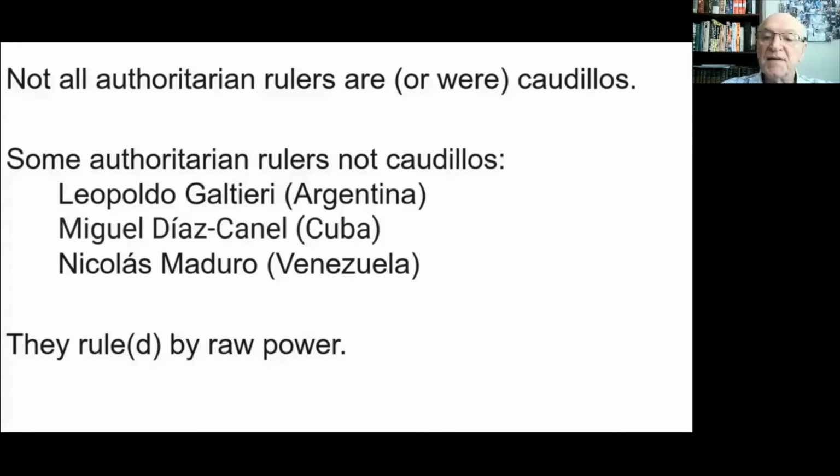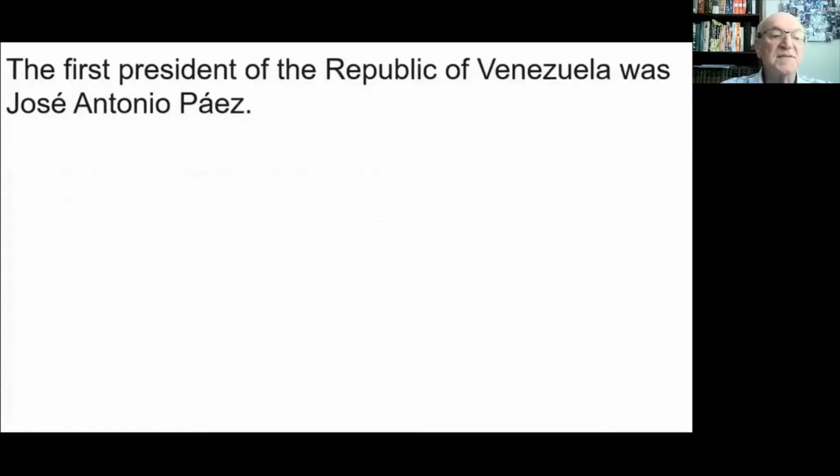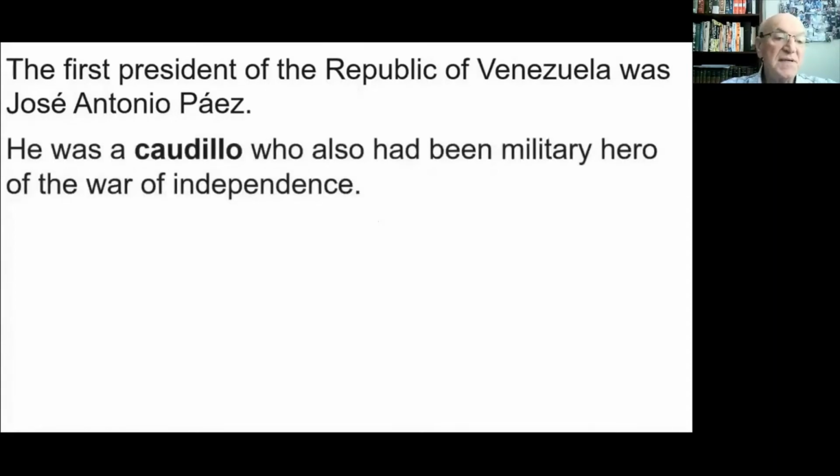Now, the first president of the Republic of Venezuela was José Antonio Páez. He was a caudillo who had also been a military hero in the War of Independence. He was of humble origin, with limited education. He became a cattle trader. But early in the war, he joined the private army, a cavalry squadron, to fight the royalists.